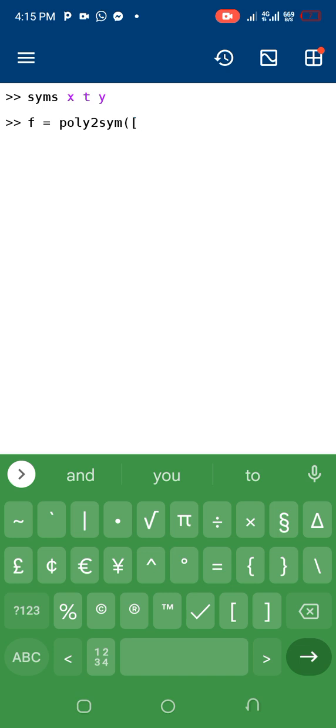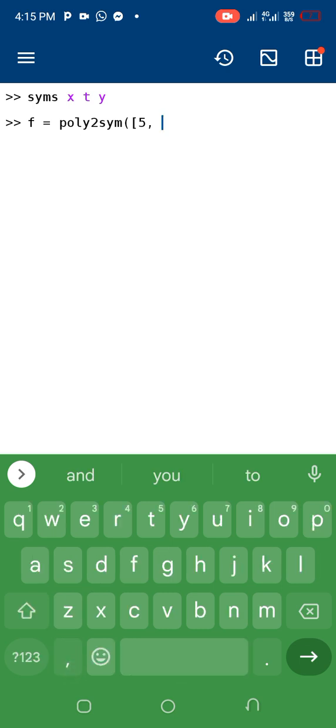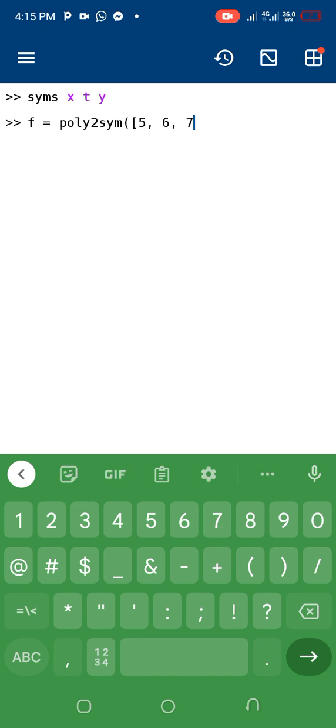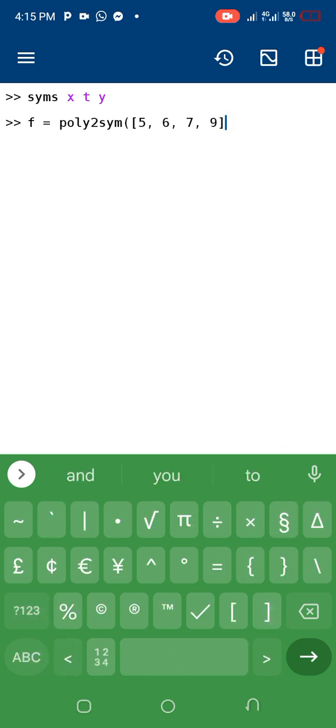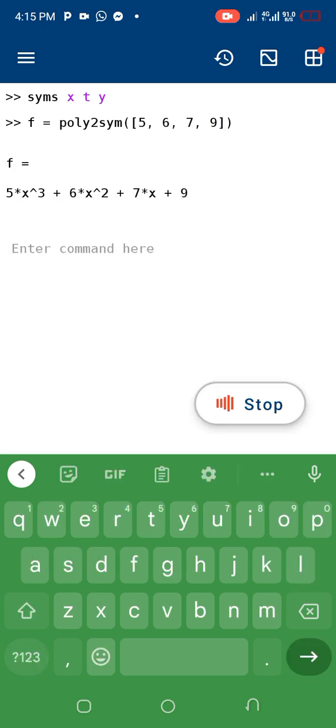Since it is of degree 3, we are going to give it 4 coefficients: 5, then 6, then 7, then maybe 9. Then we close. So the polynomial f is 5x cubed plus 6x squared plus 7x plus 9.